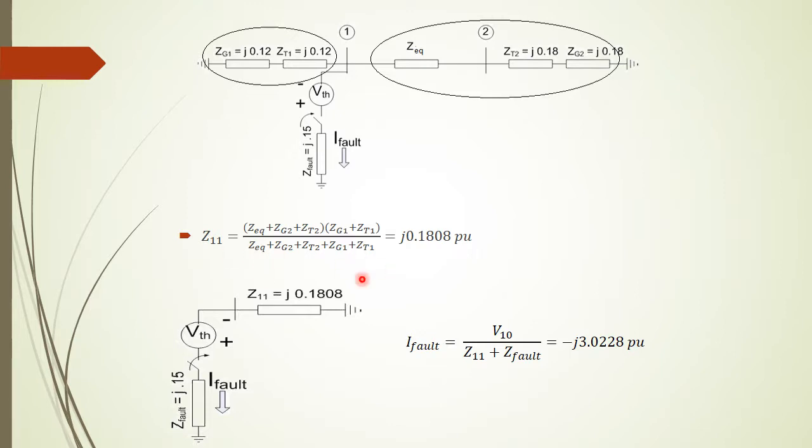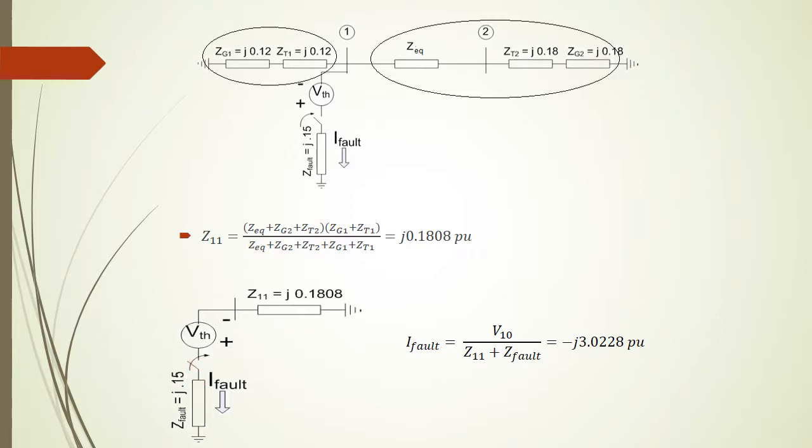And in the end, when we put the Z11 into the simplified circuit like this, we have a Thevenin equivalent circuit, and then we just connect it to the fault impedance via this circuit breaker. This simulated one doesn't exist, but we just put it there to represent the fault.